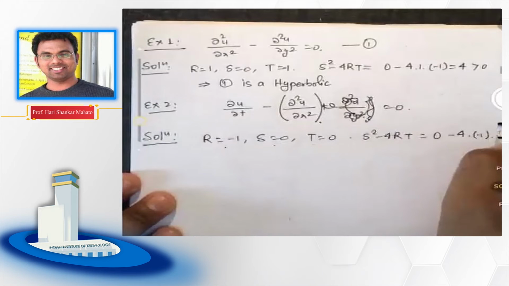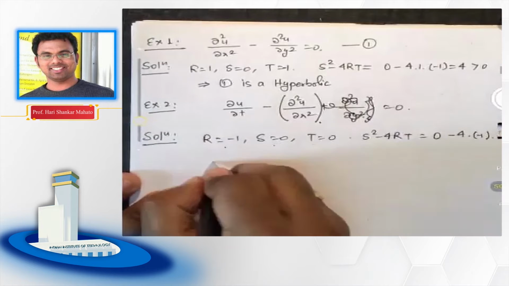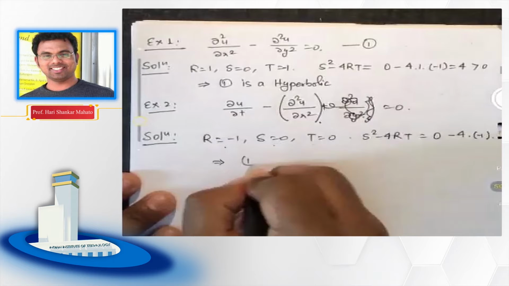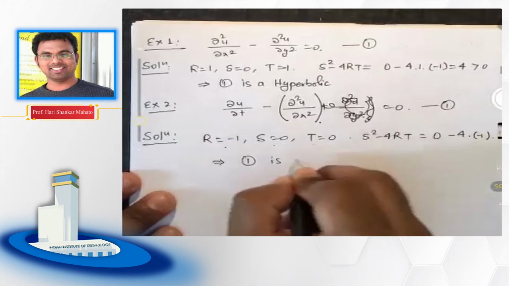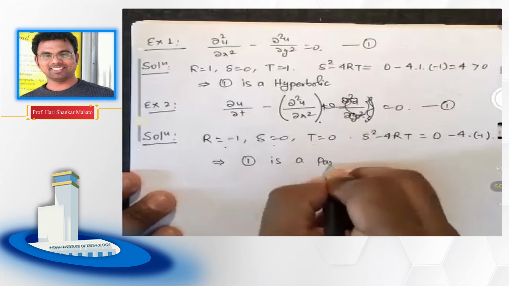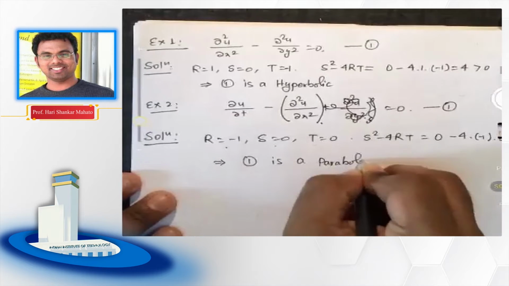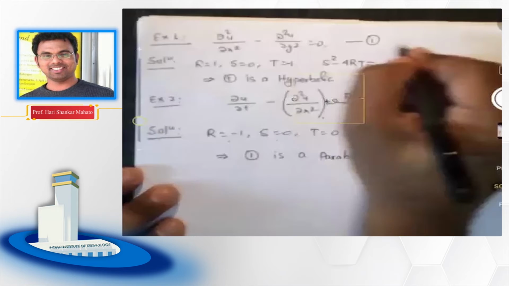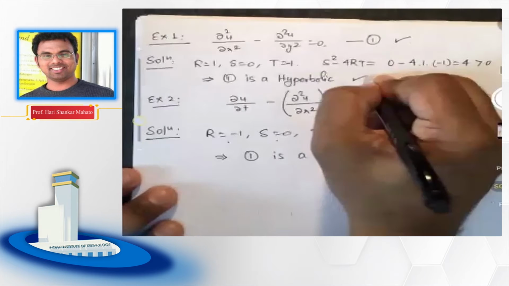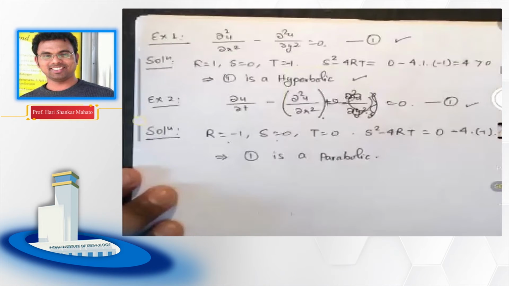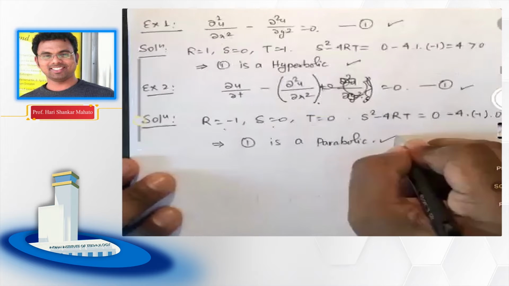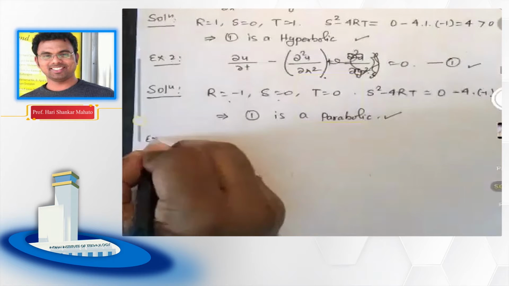So ultimately this is 0. And therefore, the given PDE is a parabolic PDE. So remember, the wave equation is a hyperbolic PDE. The heat equation is a parabolic PDE. Now let's consider another example.